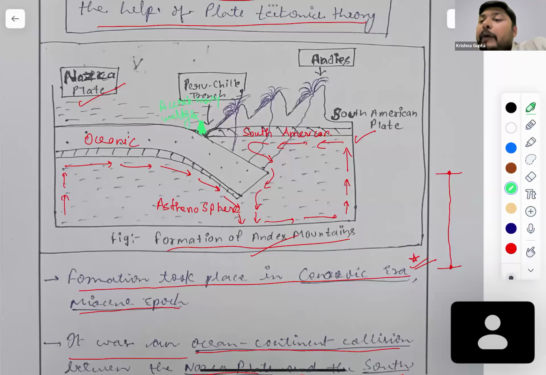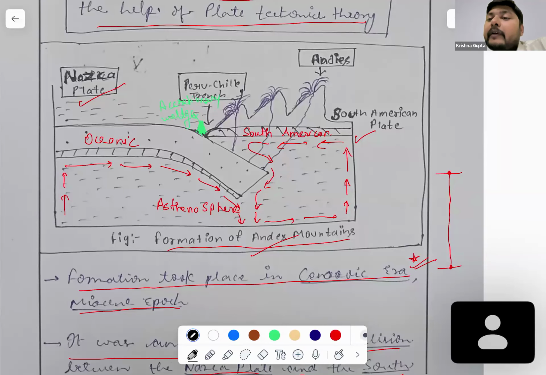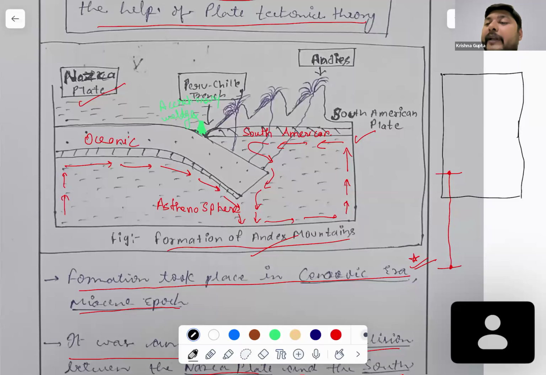Now, when we look at the map of South America, here we'll be looking at one very important aspect.